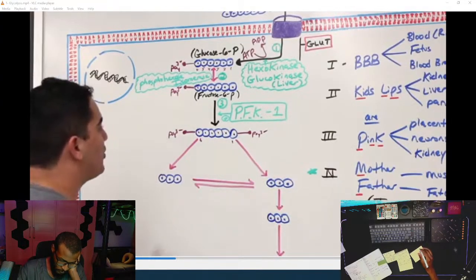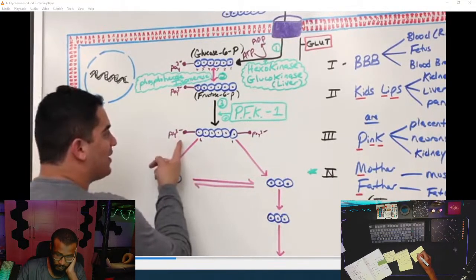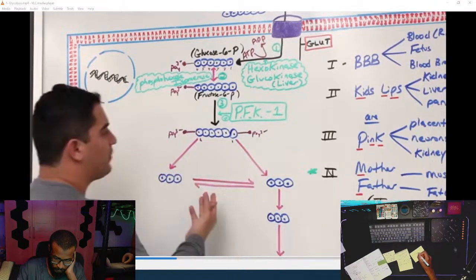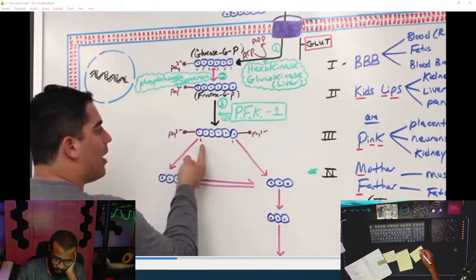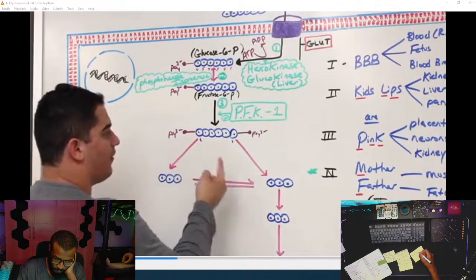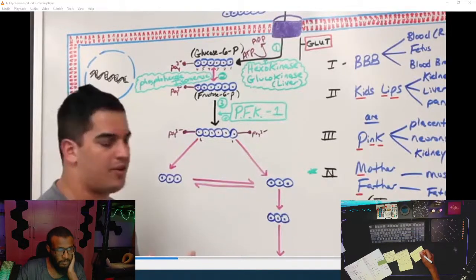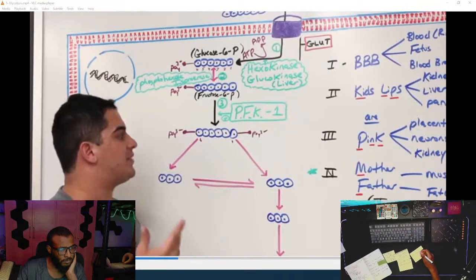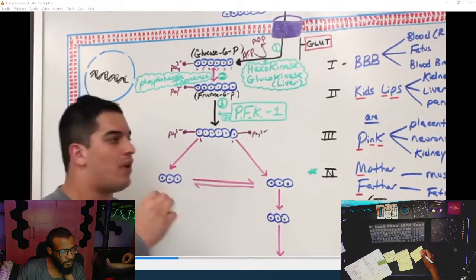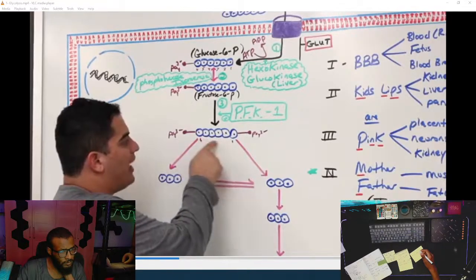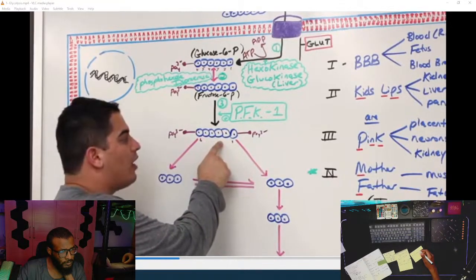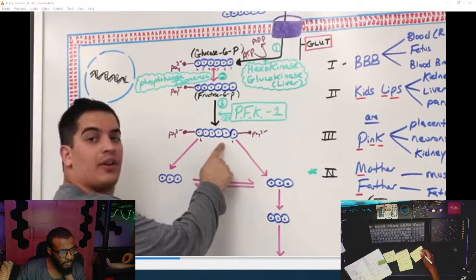What must this molecule be called? There's a phosphate on the 6, there's a phosphate on the 1st. It should be called fructose 1,6 bisphosphate. Why do you call it bisphosphate? Because you've probably heard the terms biphosphate and bisphosphate. Bisphosphate means that there are carbon spaces between them. Biphosphate means that they're right next to one another.